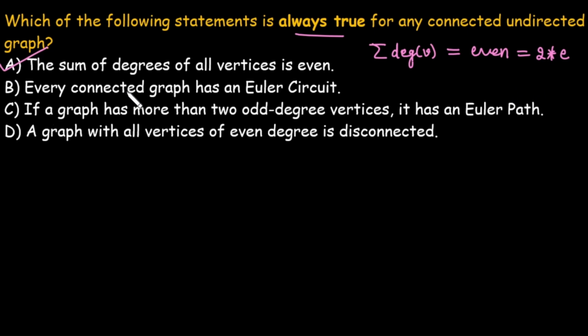Let's check whether B, C or D is correct or incorrect. Every connected graph has an Euler circuit. No, because if exactly two vertices are of odd degree, it has an Euler path, not an Euler circuit. Or we can take this example. The degree of each vertex is 1 and it does not contain an Euler circuit.